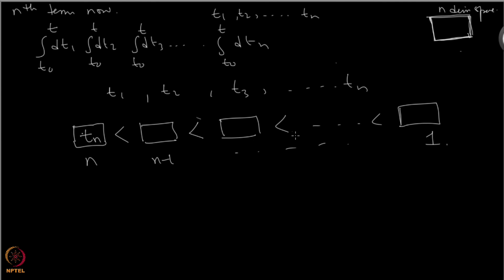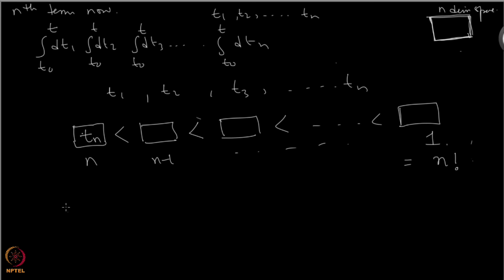So you see that I have in total n factorial choices, meaning I can divide this entire n-dimensional volume into n factorial smaller volumes, which will not have any overlap with each other, and together they will fill up the entire n-dimensional cube, which has side length t0 to t.